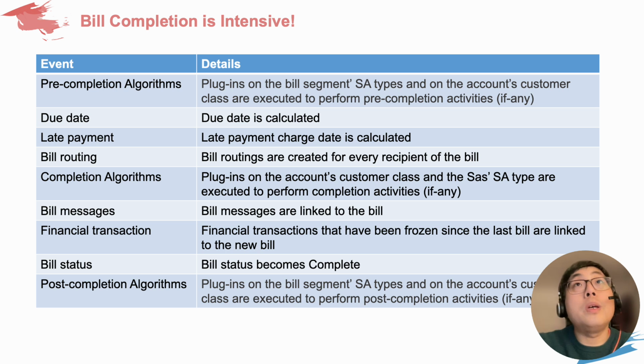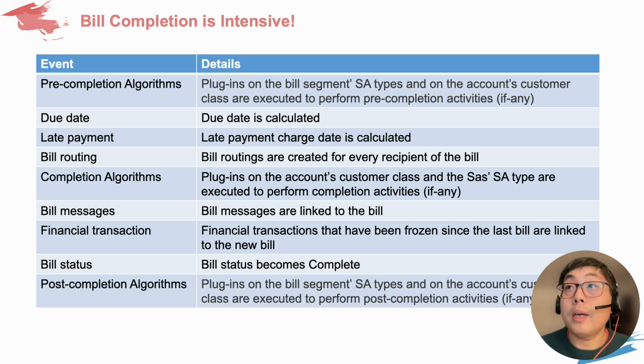Let's go to the next slide, which I think is a very important slide, because this is what is happening at the bill completion. I think this list is not complete, because bill completion can have different scenarios.